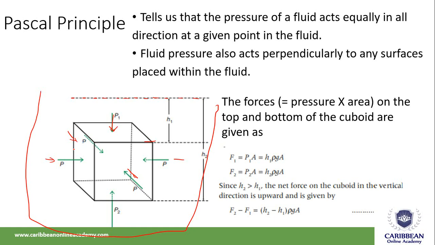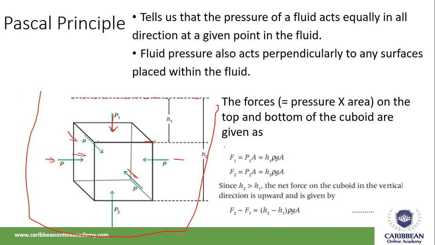So in a sense, if they are equal and opposite, then they're going to cancel out each other. Follow me? So overall, yes, there are pressures attacking each side, but because all of those pressures are equal and opposite, they're going to cancel out each other.